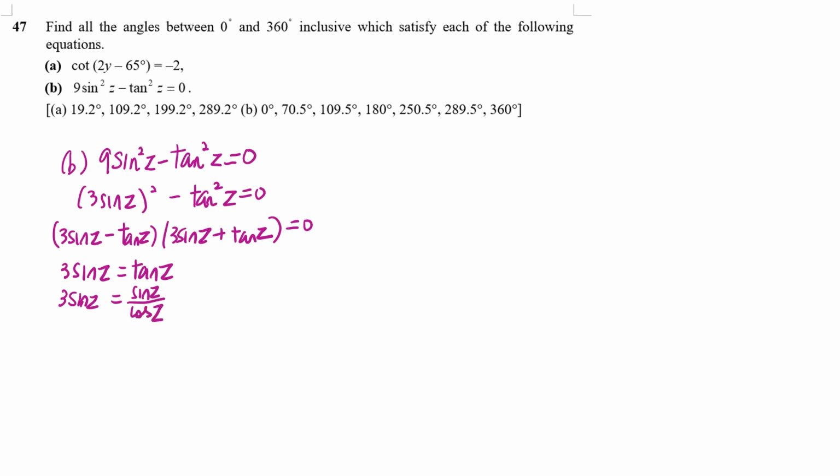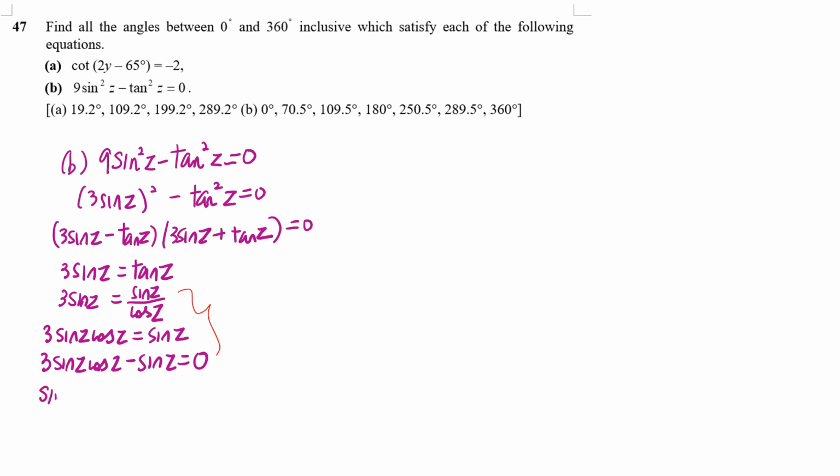So you apply your zero product rule, and then rewrite tangent z as sine z over cos z, do a cross multiply, bring everything to the left hand side. This part is similar to the earlier slides, one of the questions we've done earlier, similar concept where you factorize a common factor.